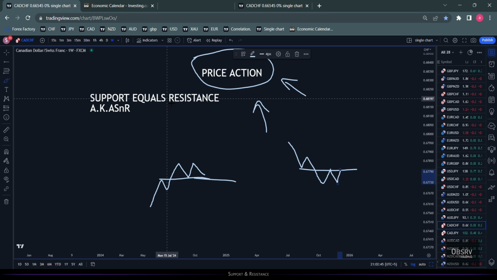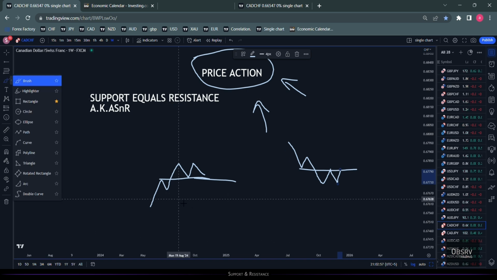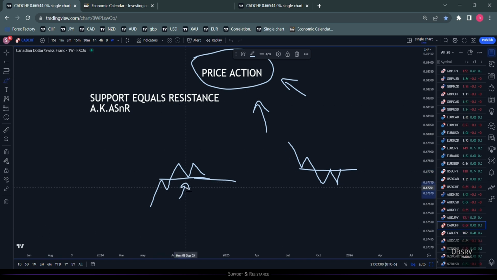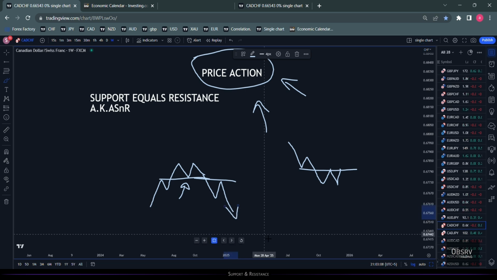Also, you might have heard me say support equals resistance, as I've typed it down here too. And you might not have come across this exact phenomenon in the industry. The reason I say it like this is that the general idea is, if it's a support and it breaks to the south side, it'll start acting as a resistance as price comes back to it.